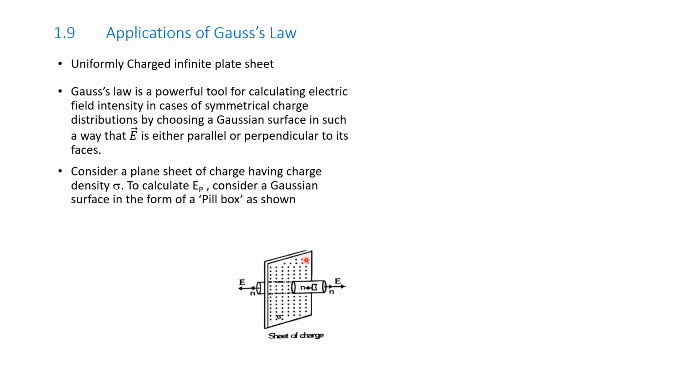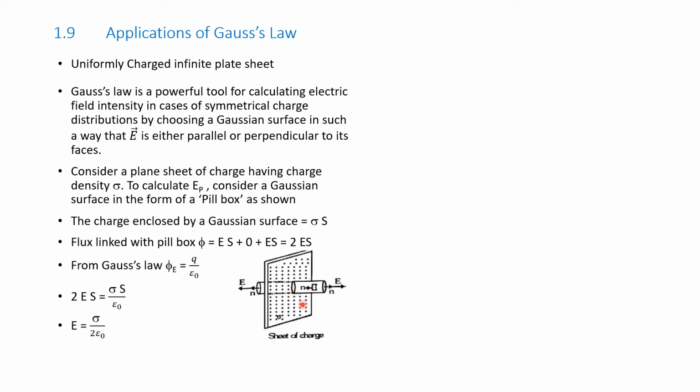A plane sheet of charge having a charge density sigma and electric field is EP. The charge enclosed by the Gaussian surface is given by sigma into S, sigma into the area of this plate. So flux linked with the pillbox is phi, equal to flux E into S due to one surface and another surface E into S, that is equal to 2ES, and inside that is 0.